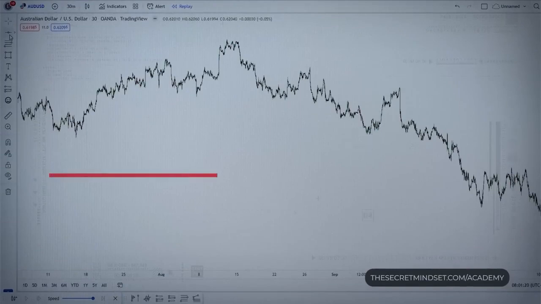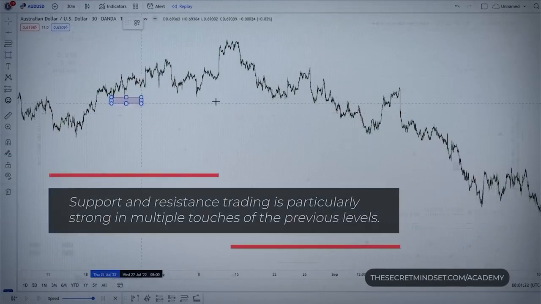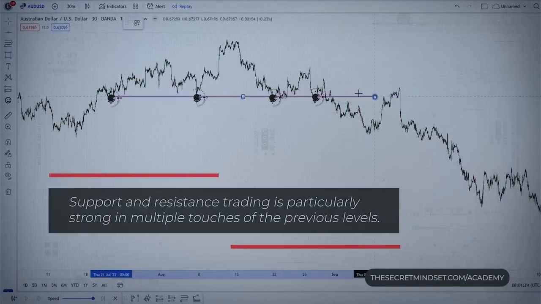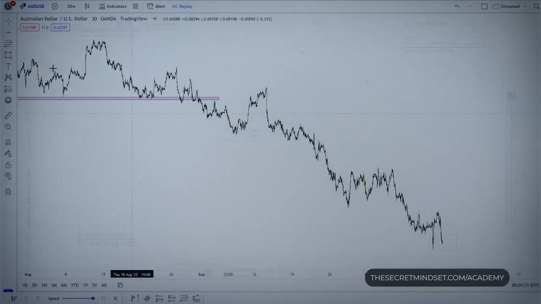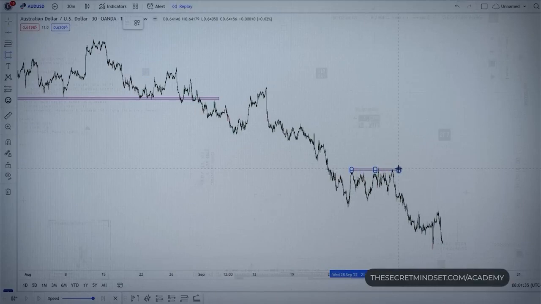Support and resistance trading is particularly strong in multiple touches of the previous levels. Some say that if price has responded to a price level multiple times in the past, that level is significant.